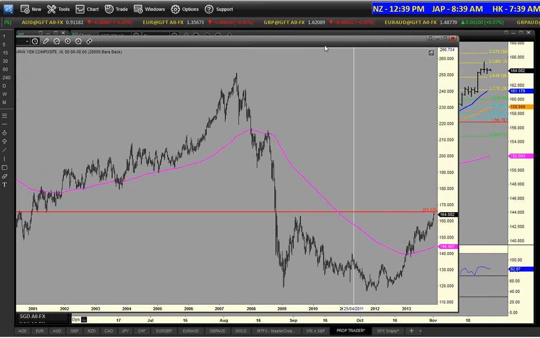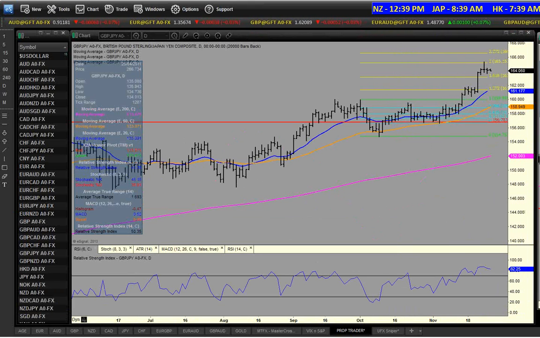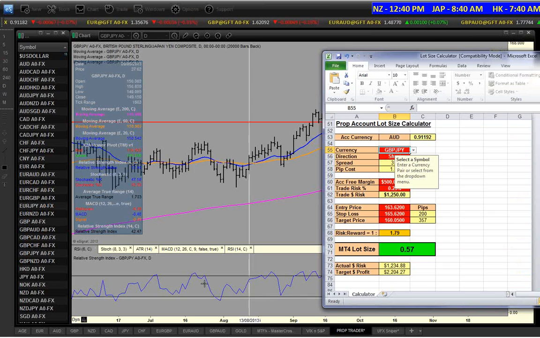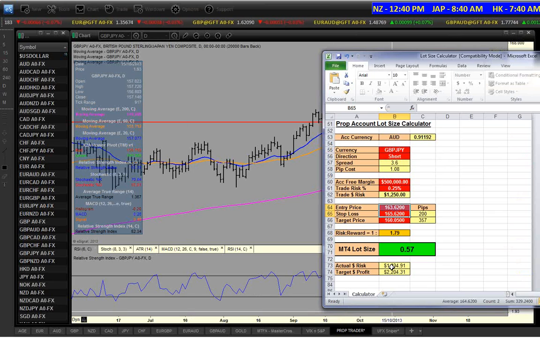So that's where I'm going. What's 30 pips between friends? If I go 165.28, 165.41 being 13 pips above that, it's two times my risk. But I want my stop better protected.